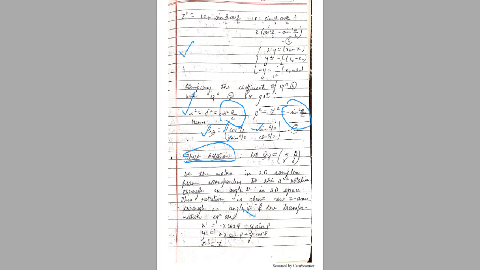So this time I will rotate by an angle psi and the rotation would be along the z axis. Since the rotation is about the z-axis, obviously the z-coordinate will not transform. We will get the transformed x-coordinate and y-coordinate, and we name them x dash and y dash, and z dash will be equal to z.